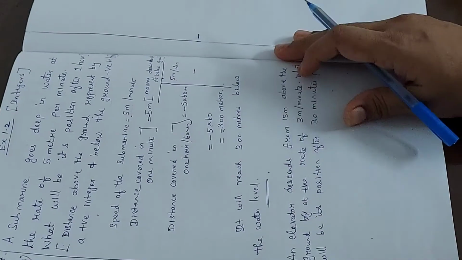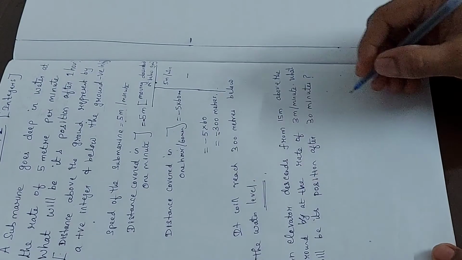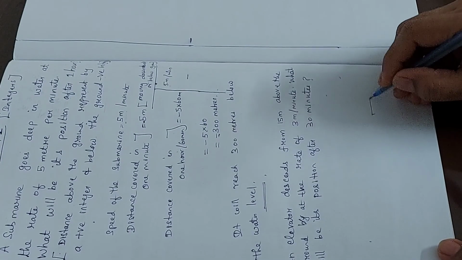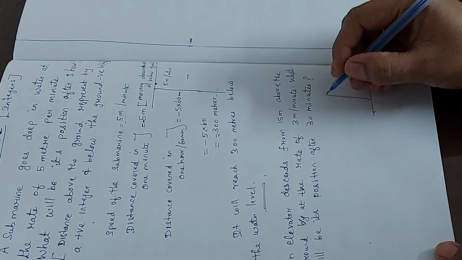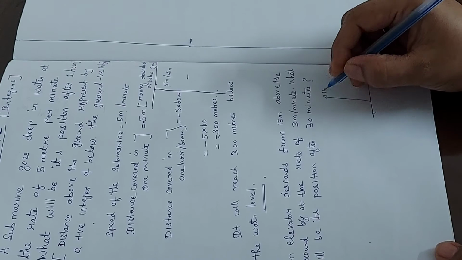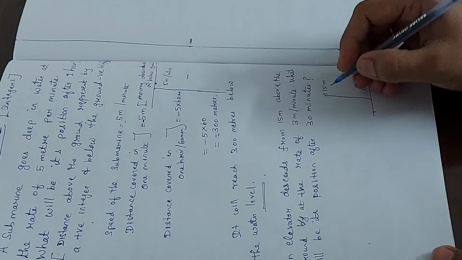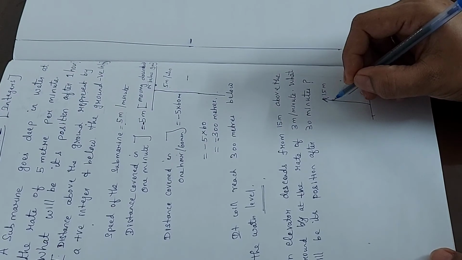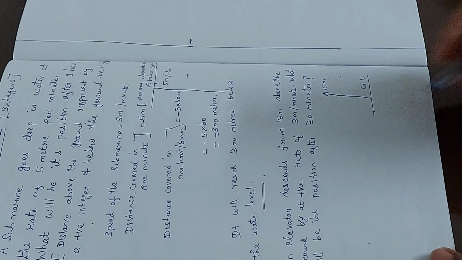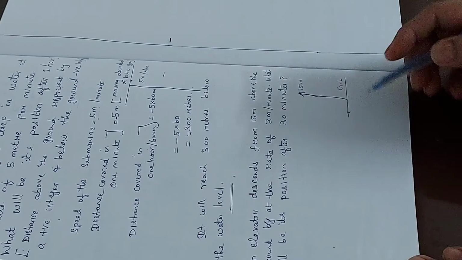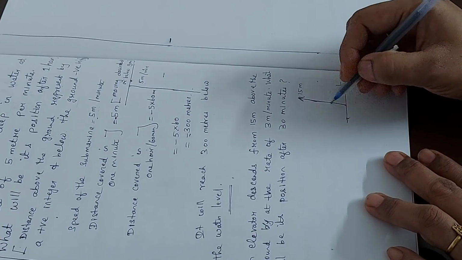See, an elevator descends from 15 meter above the ground level. See, let it be the ground level, and it is at the distance of 15 meter above the ground. This is ground level, and the elevator is at the height of 15 meter above the ground level, and it is descending towards the ground.